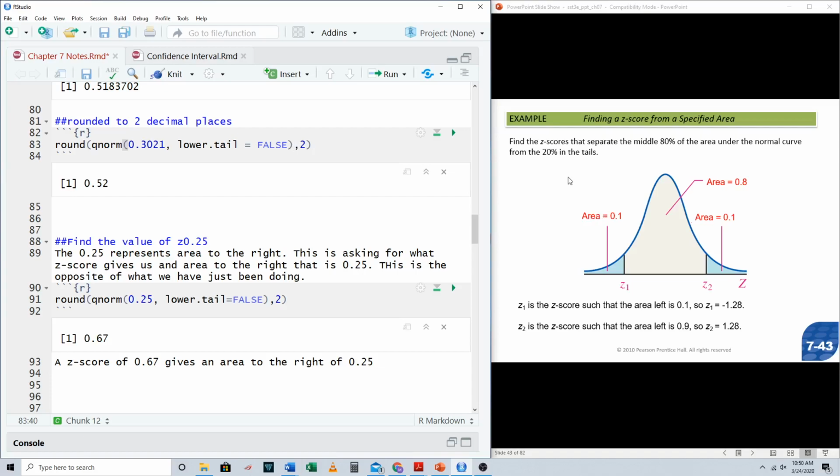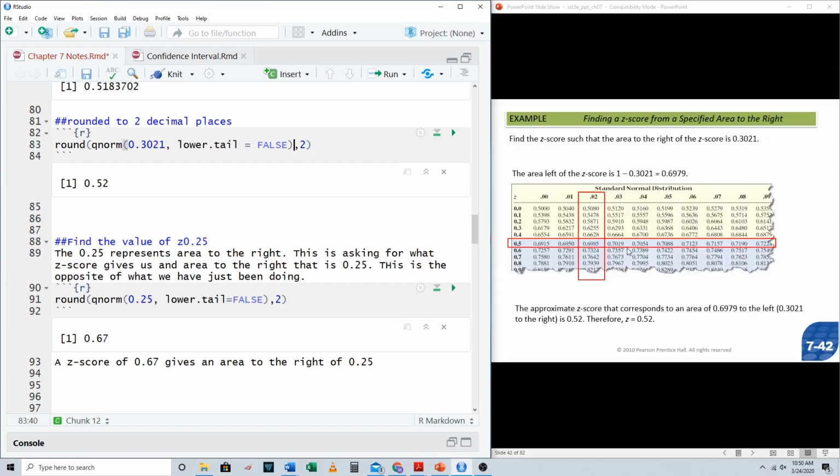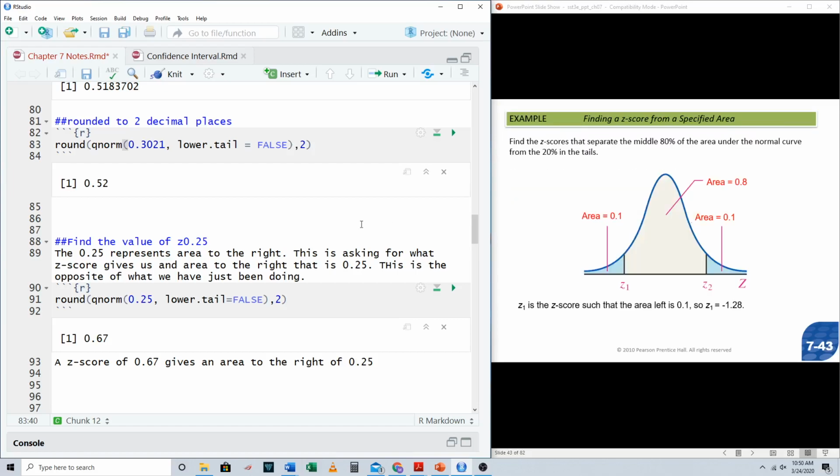Okay, finding the z-score that separates the middle 80%. Okay, so this one's going to be a bit interesting. To do that, we are going to kind of split the difference. The middle 80% leaves 20% on the tails. So we're going to find two different ones.